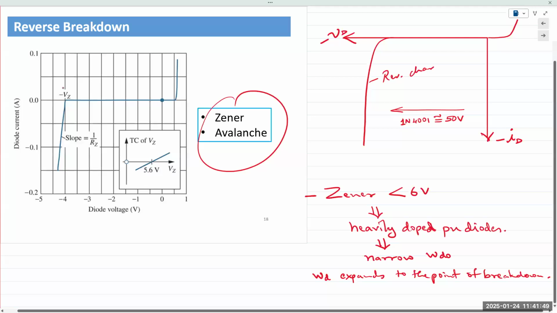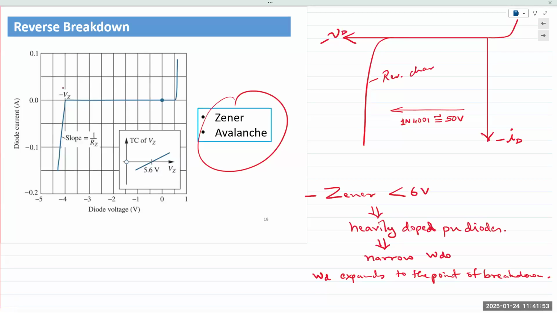Compared to centimeters, a few volts per micron would be about a few million volts per centimeter. That's a very high value for an electric field, and the electrons in the covalent bonds are able to break free. Because they're able to break free, they're able to cross over the junction in reverse bias. So it expands to the point of breakdown.